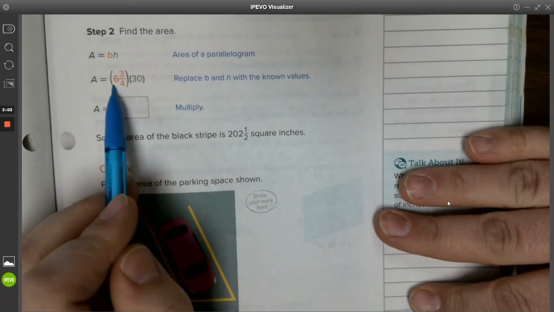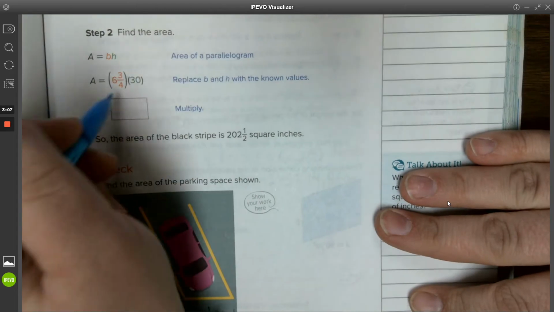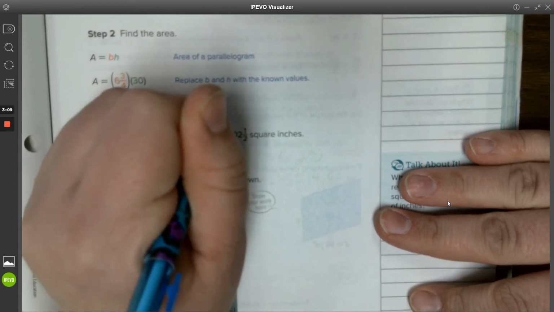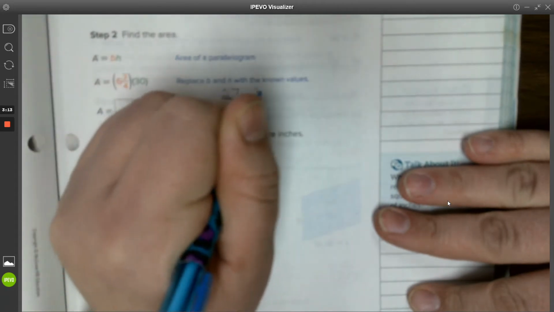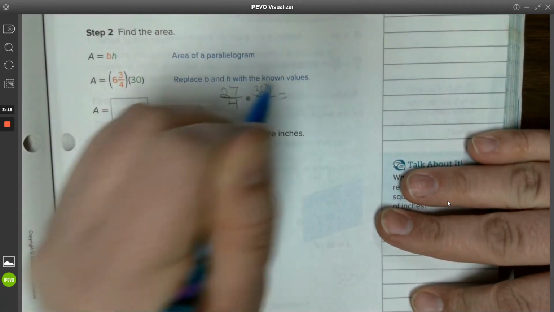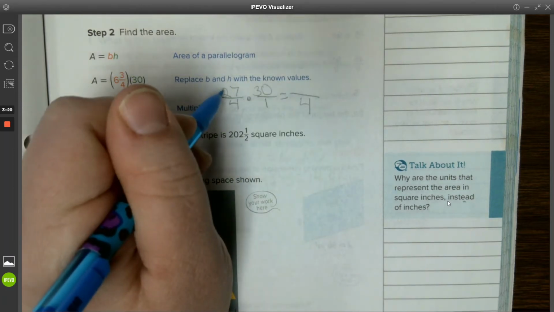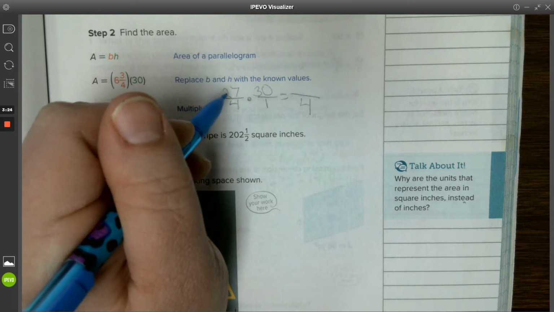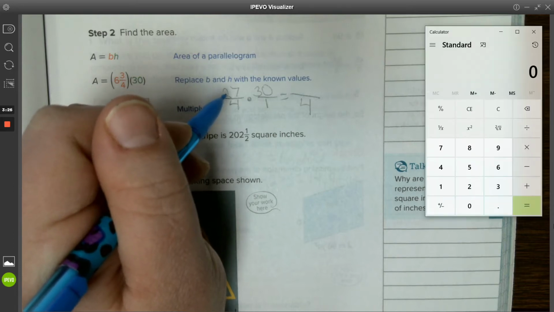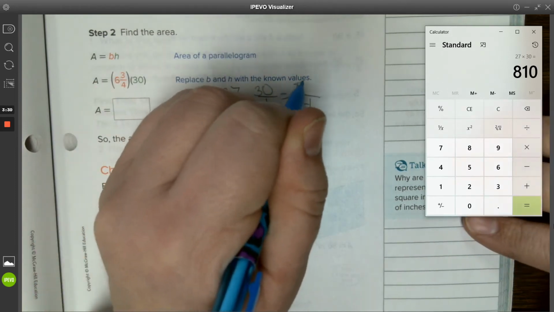We simply multiply 6 3/4 times 30. Well, we can change this to an improper fraction. We would get 27/4 times 30 over 1. Then multiply straight across. 27 times 30. We can actually use a calculator for that if you so choose. 27 times 30 equals 810.